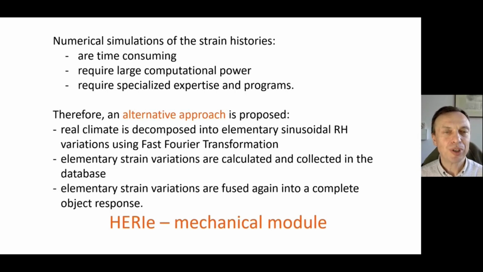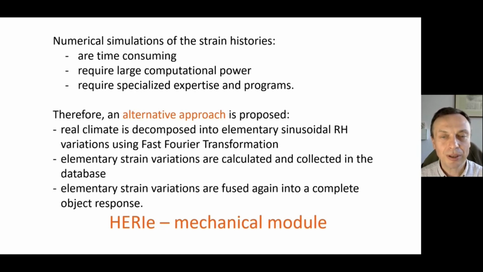Numerical simulations of strain histories are a very efficient way to evaluate the environment, assess the risk and determine the safe range of humidity variations, but they have a few drawbacks. First of all, they are time-consuming, require large computational power and specialized expertise in programming. So not all museums, or I would say the contrary, very few museums have the resources to perform this kind of modeling.